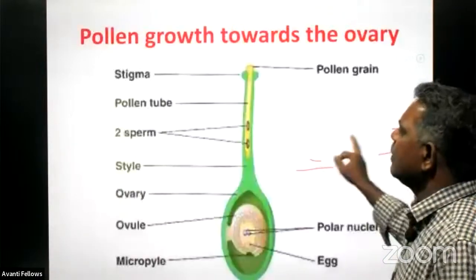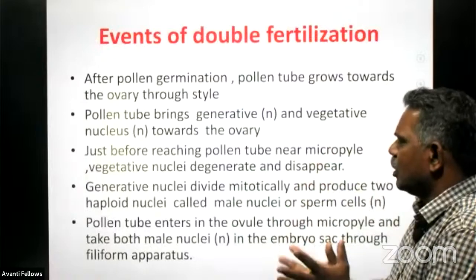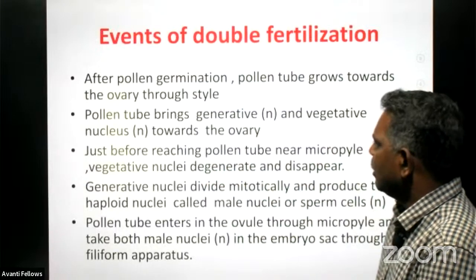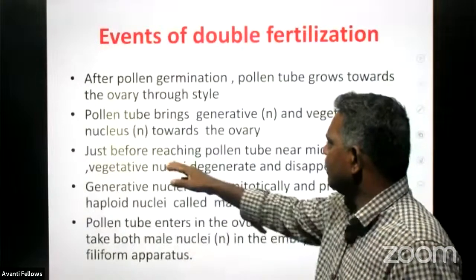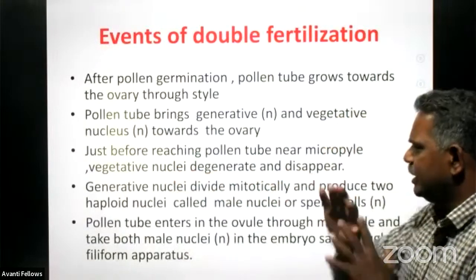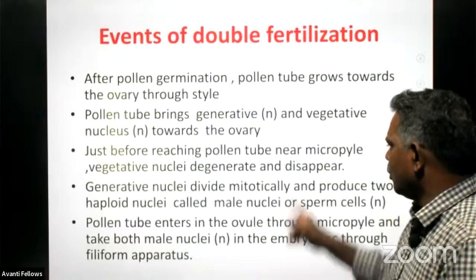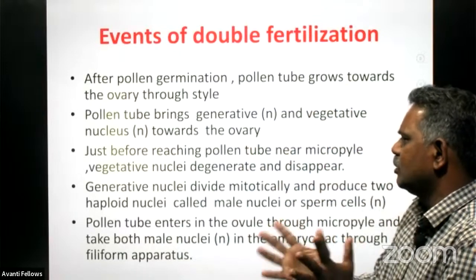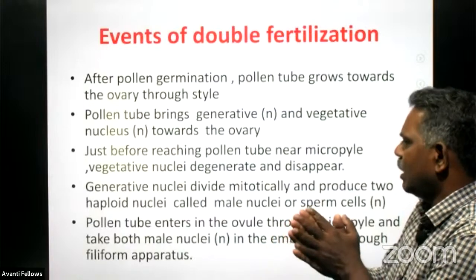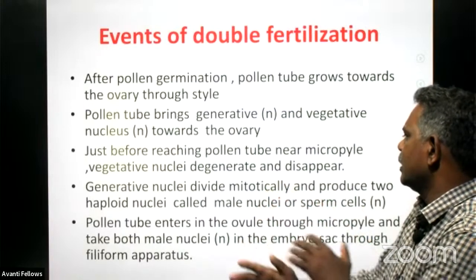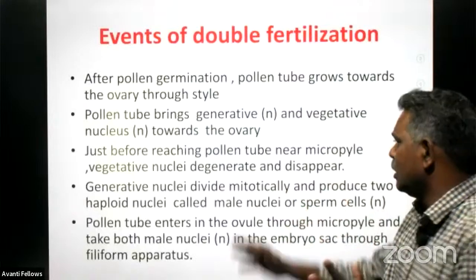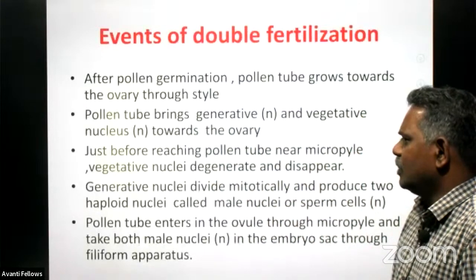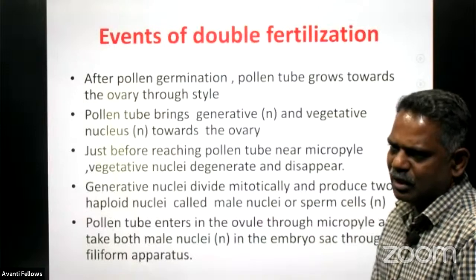Before taking the pollen tube inside the ovule through this micropyle, what happens? The vegetative nucleus degenerates and disappears, and only the generative nucleus remains.